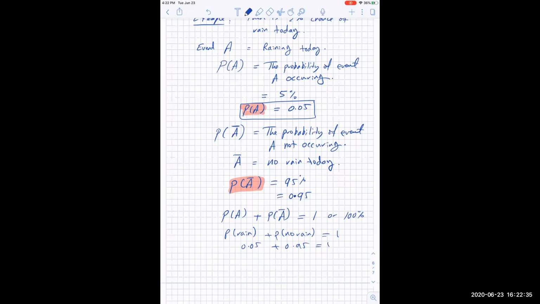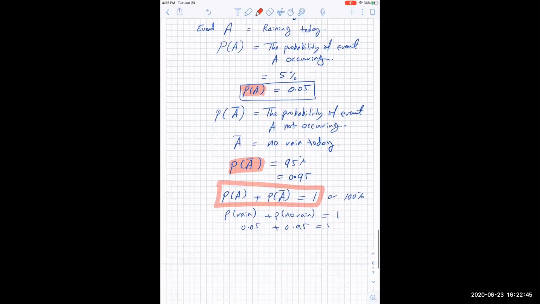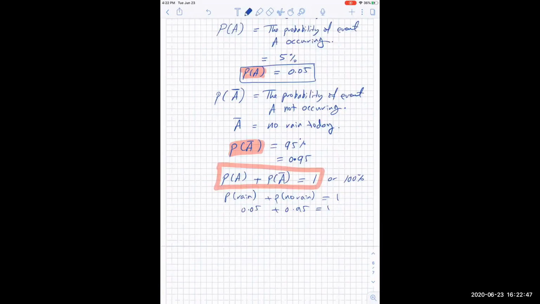This is a very important rule in probability, and you can use this rule to always find the probability of A bar. The probability of A bar is 1 minus the probability of A.